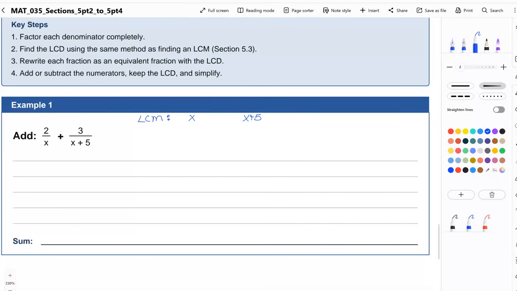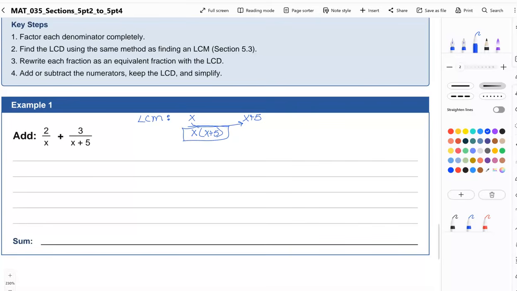It does not matter which neighbor I start with. If I start with x and I look in my neighbor's garage, we already have an x. In the garage, the neighbor has an x plus 5. So we're going to run out to the algebra store and buy an x plus 5. There's our least common multiple.